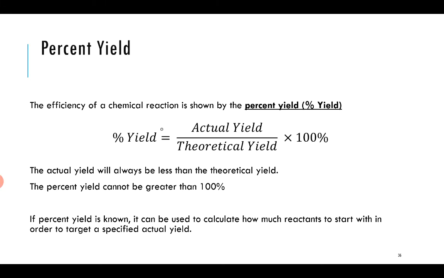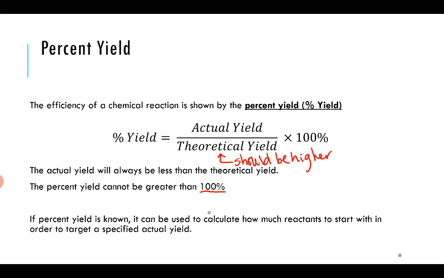Your percent yield is a ratio of actual yield divided by theoretical yield. Your theoretical yield should be higher than your actual yield. Your percent yield should not be more than 100%. There's all sorts of reasons why your yield would be less than 100%.